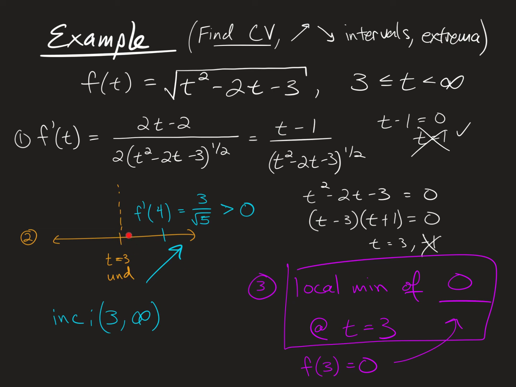This is the lowest y value the function will ever have if we're only looking from 3 to infinity. And again, that reason is because this graph does not decrease anywhere. So it's an absolute minimum. But answering with local minimum is good enough.